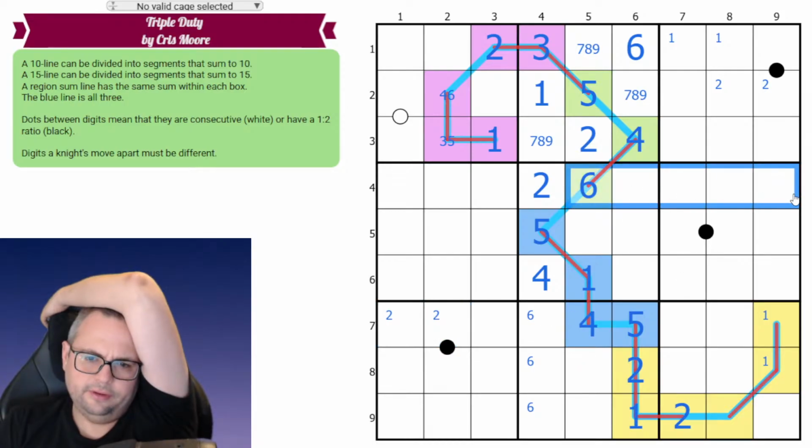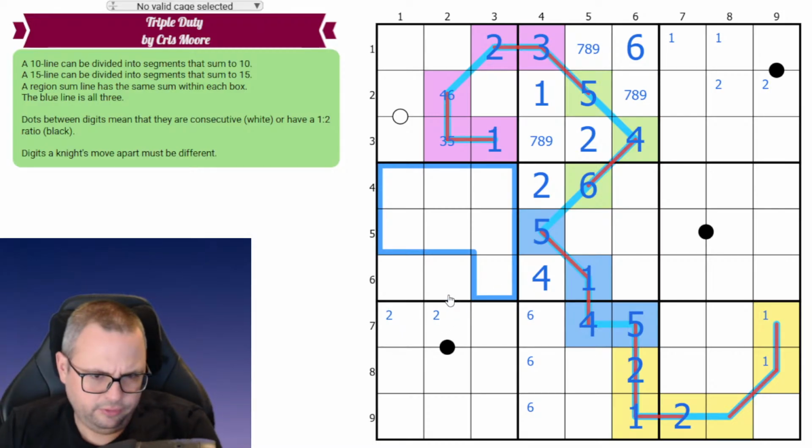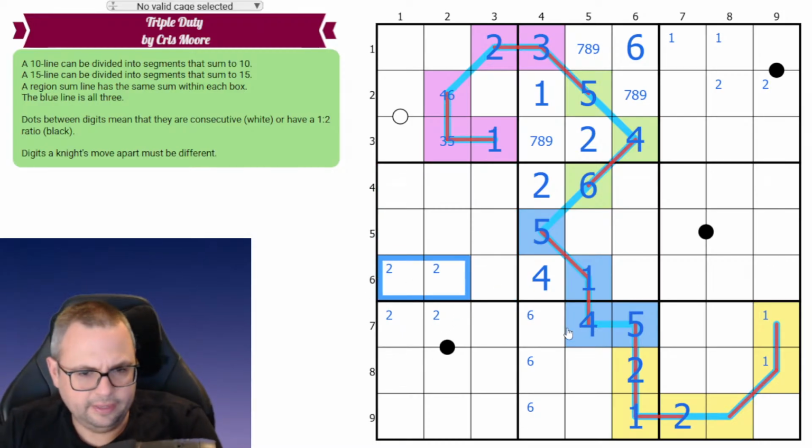2 is placed in box 6, has been called. Did we mean box 4? In box 4, 2 is in one of these two cells, at least, we can say.